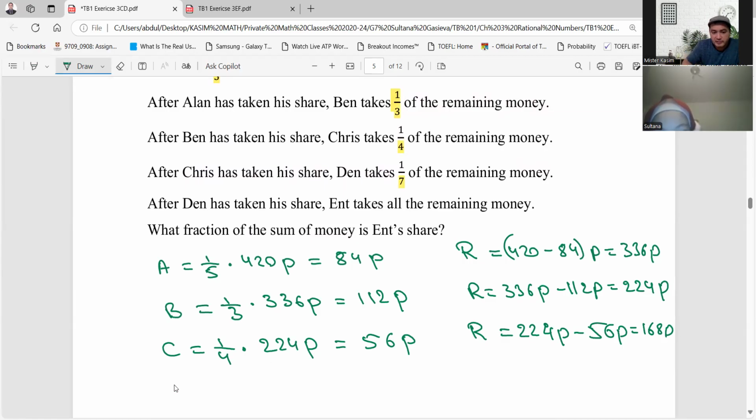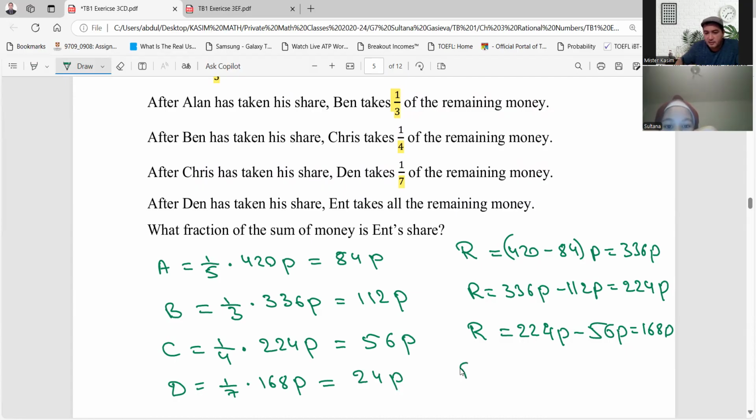And now how about D? D took 1/7 of the remaining. Remaining is 168p. It's equal to 168 divided by 7. That's equal to 24p.